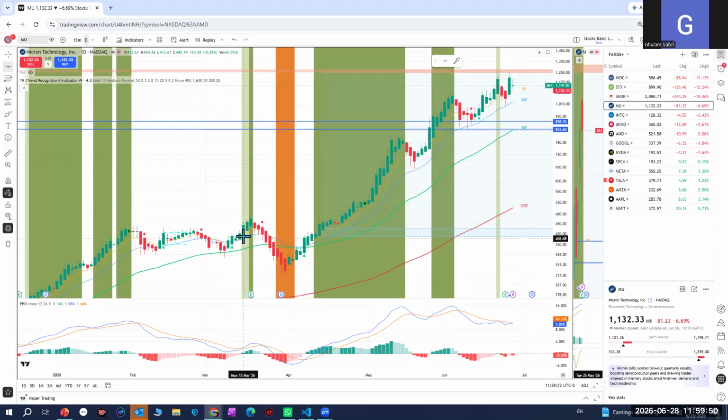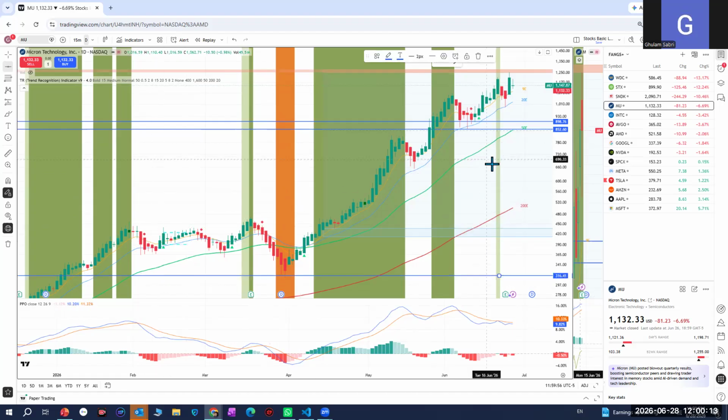A first stage start, this star, Micron gave you an entry from 382 to 465, enough to at least make some money. But then the war started in February and March, and everything came down along with the market. But when it pushed back, the first stage TR signal is right here, and then the green zone, that's again the time. Here's again the time.